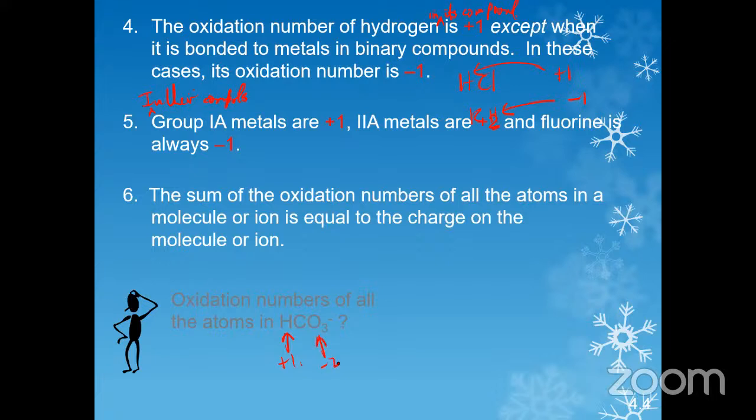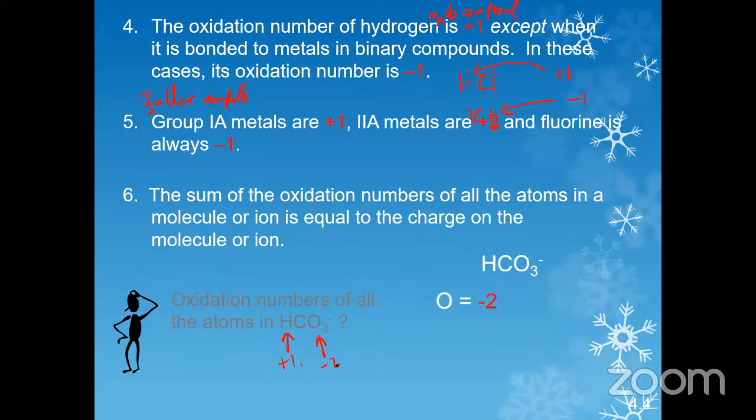That is based on rules 3 and 4, I think. The only element in the structure which we cannot get the oxidation number of directly is the carbon. But we do know that the sum of all the oxidation numbers, based on rule number 6, is equal to -1, right?